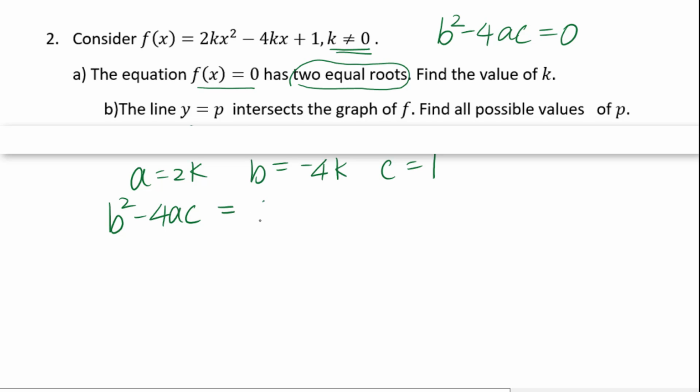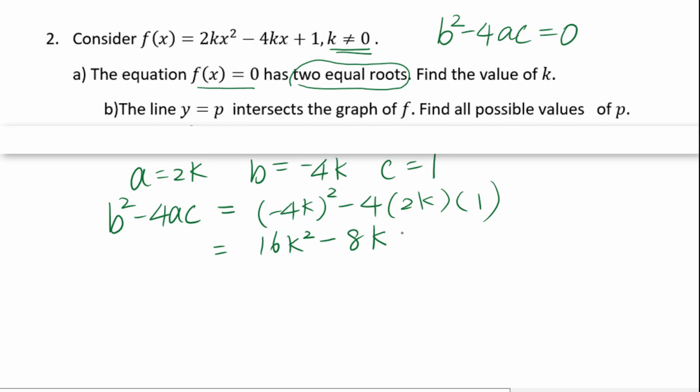b squared will be (negative 4k) squared minus 4 times 2k times 1. (Negative 4k) squared will be 16k squared, minus 8k. We set this equal to 0. First of all, let's factor.